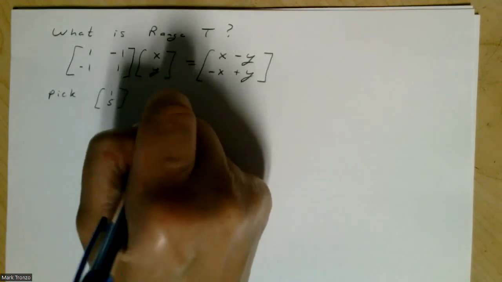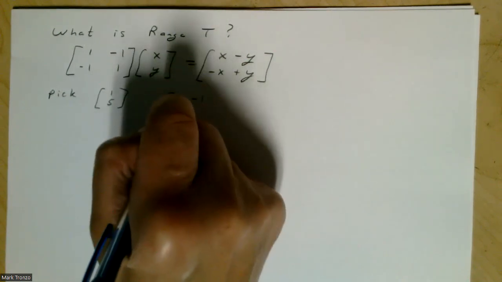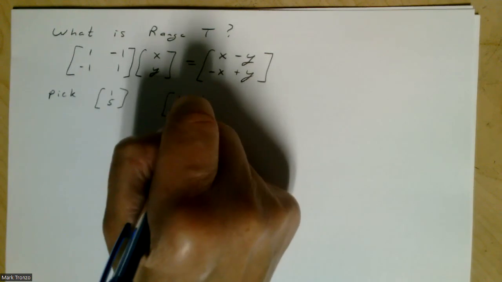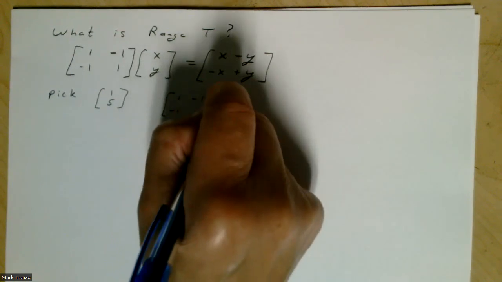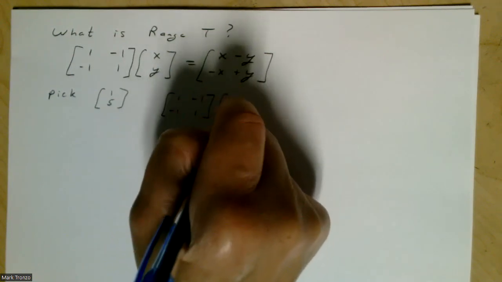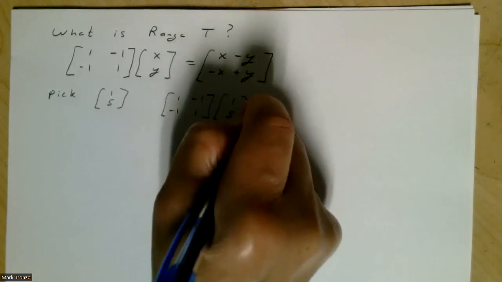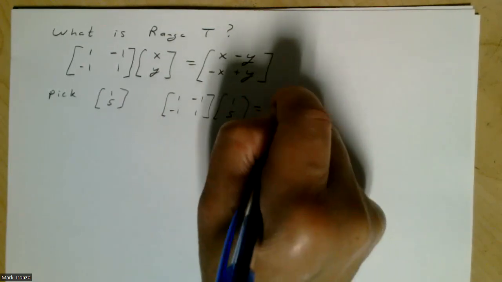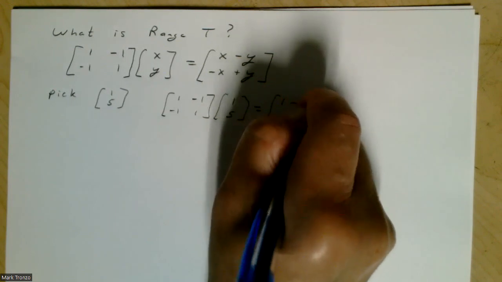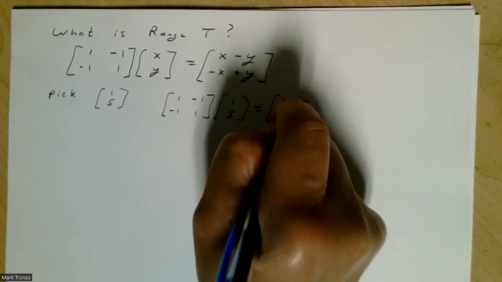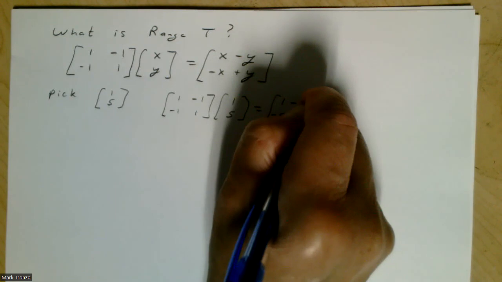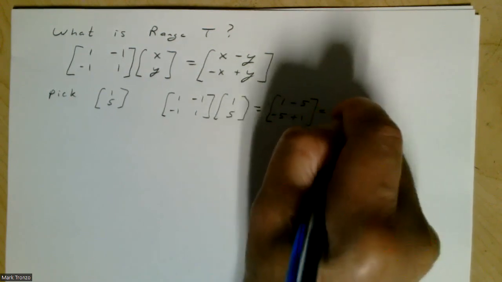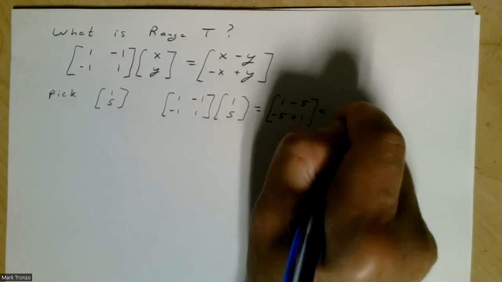And so if we put in 1, -1, -1, 1 times 1, 5, what do we get here? This is going to be 1 minus 5, minus 1 plus 5, and this is going to be -4, 4.